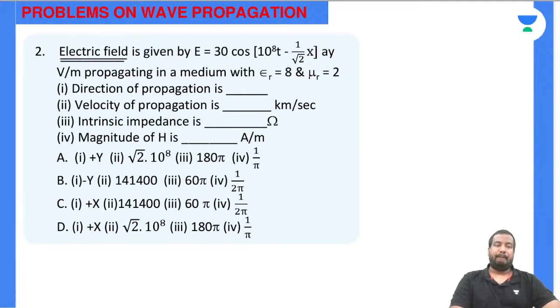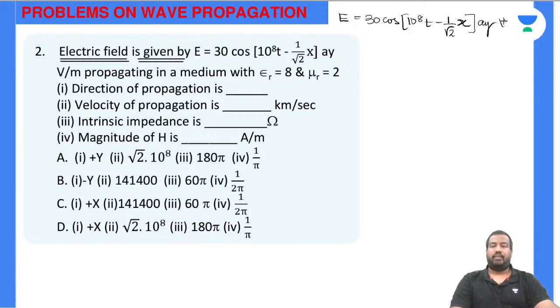Electric field is given by E is equal to 30 cos of (10 power 8 t minus 1 by root 2 x) into a_y volt per meter, in a medium where epsilon r is 8 and mu r is 2.